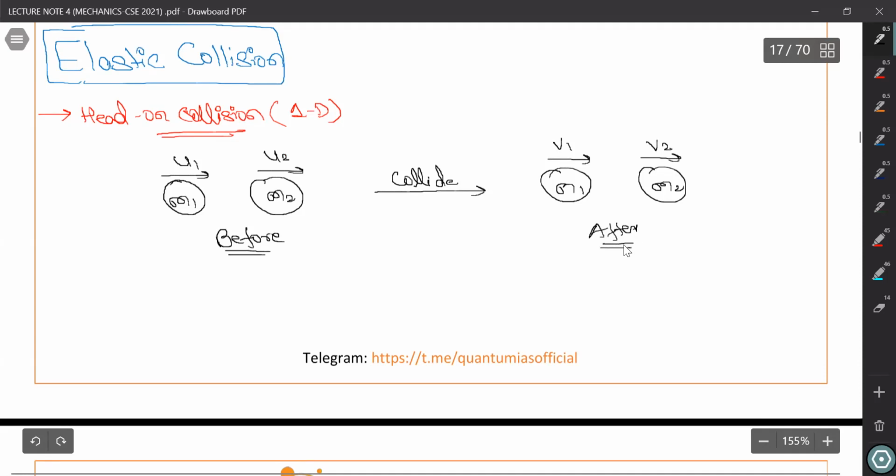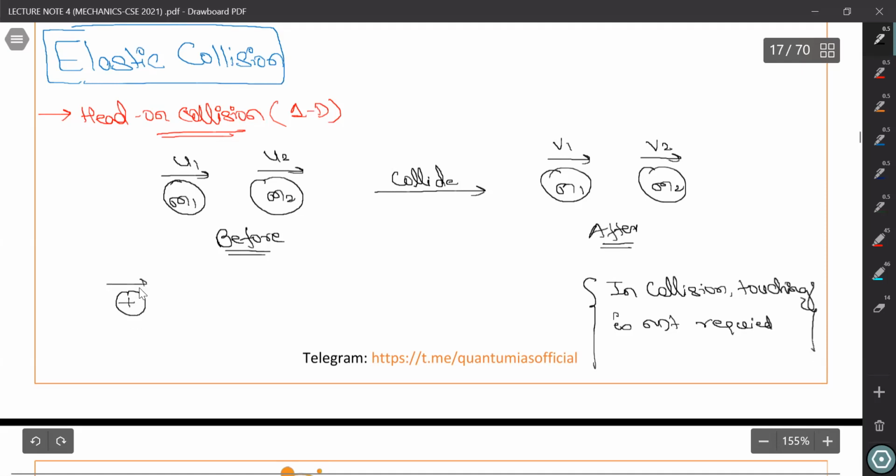Also one more thing, scattering is also a collision, right? So in collision touching is not required. For example, if you have a positive charge, if you throw it, and you have another positive charge, what happens? It will come here and it will go back.